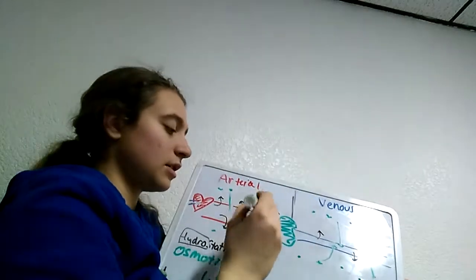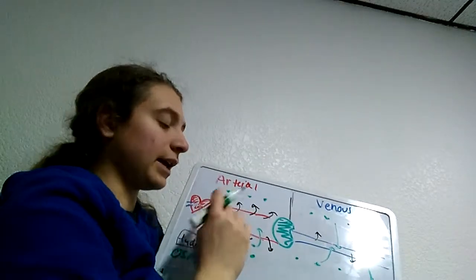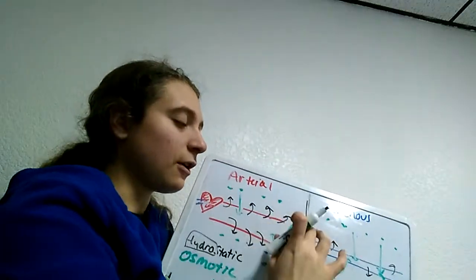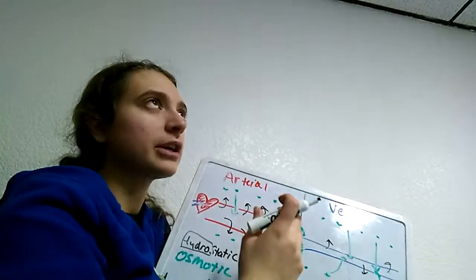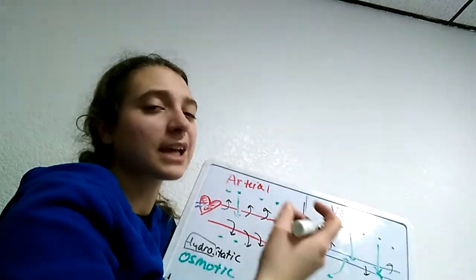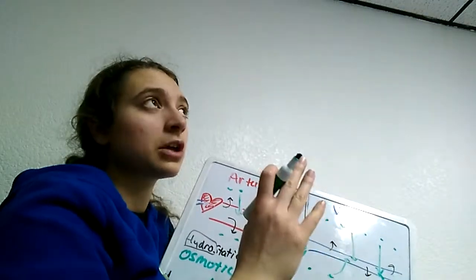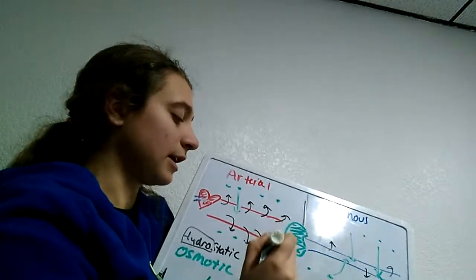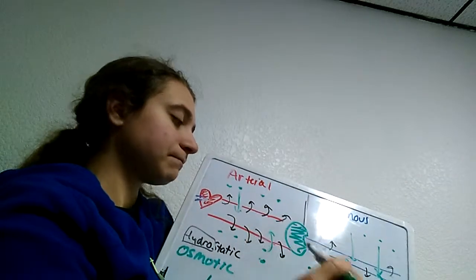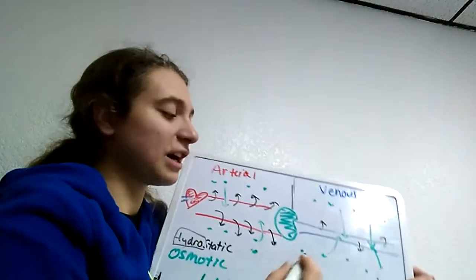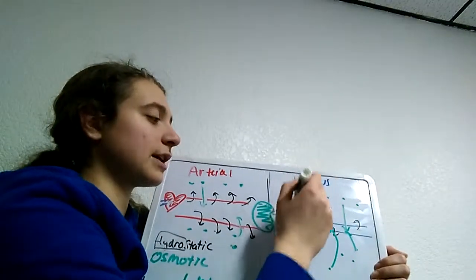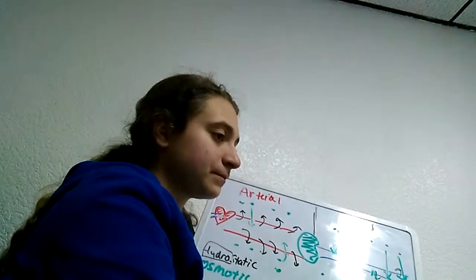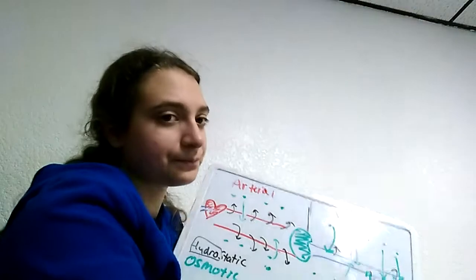So the reason why you didn't get a whole lot of osmotic pressure in your artery is because your artery was full of water, and when things are full of water, it's kind of diluted, right? So we're going to go from more concentrated to less concentrated. Well, to be honest with you, it was just going through the process, but now it's really concentrated in the veins.